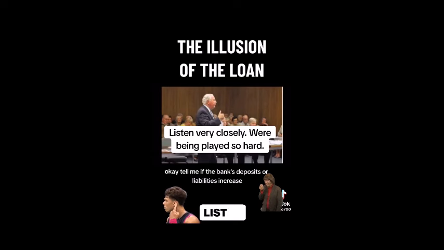Okay. Tell me, if the bank's deposits or liabilities increase, do the bank's assets increase by an asset that has actual cash value? Yes. Is there any exception? Not that I know of.